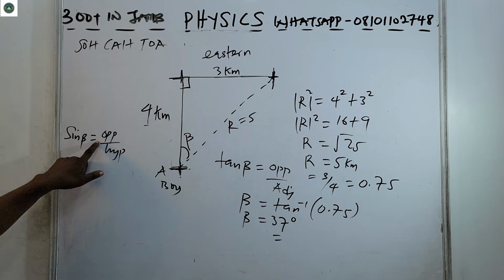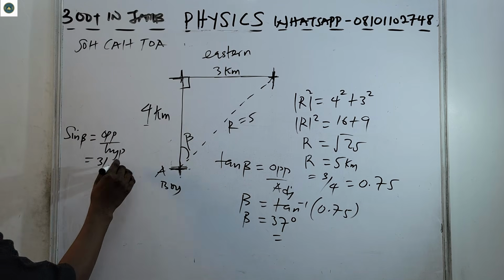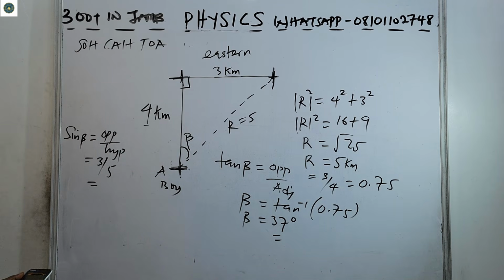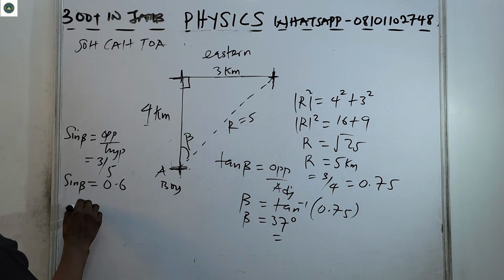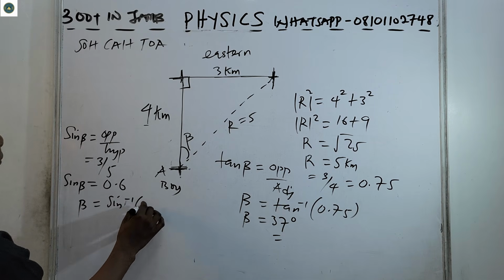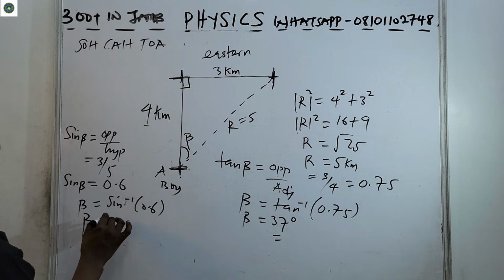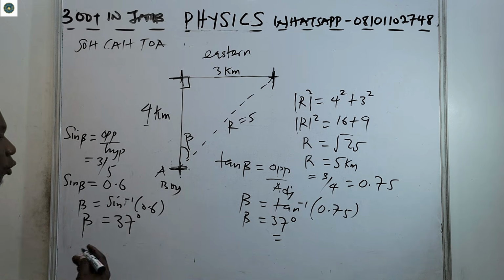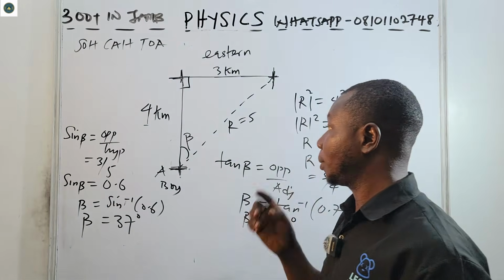So sine beta is opposite over hypotenuse, which is 3 over 5, that's about 0.6. So beta is sine inverse of 0.6, so we still have beta to be 37. Whichever method you intend to use, you still arrive at the same answer.